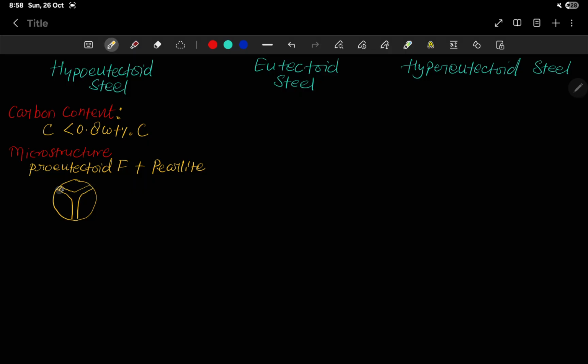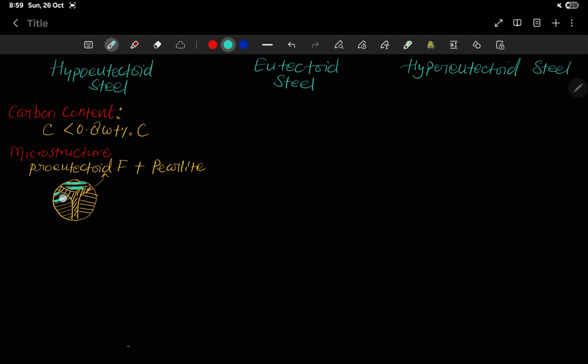This phase is denoted as proeutectoid ferrite, and in the remaining regions we obtain the pearlite. This consists of alternate layers of alpha ferrite and cementite.